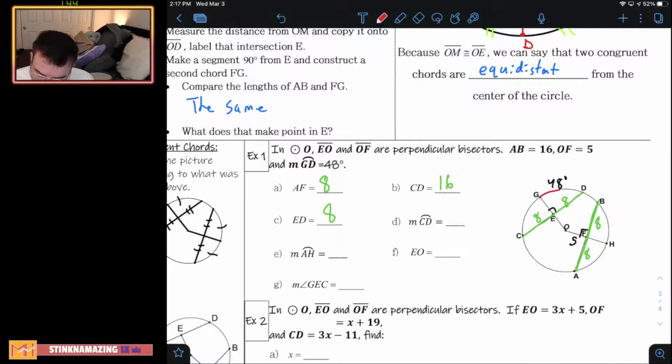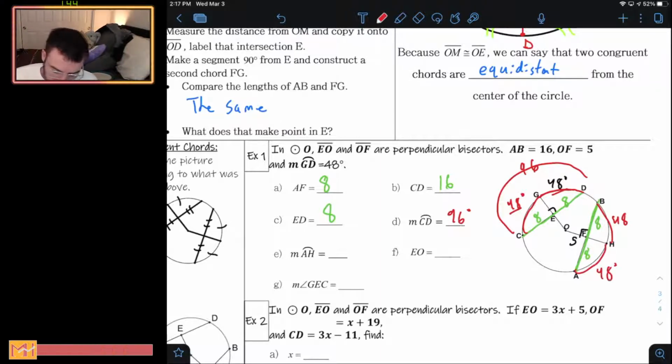If GD is 48, then GC is 48. And if these two things are 48, then the entire thing is 96. And if these are 48, then these are 48. BH is 48 and AH is 48.